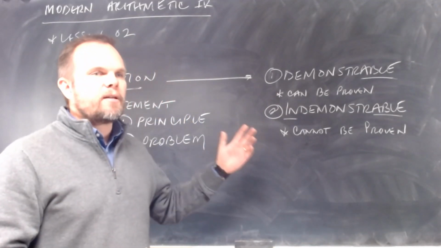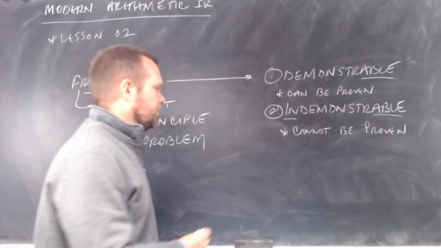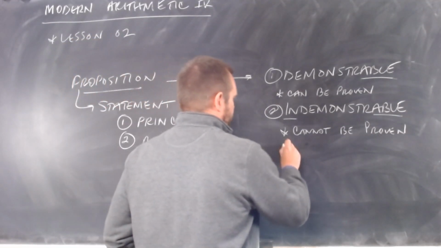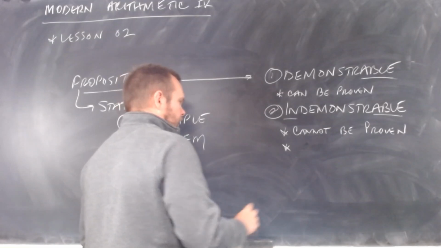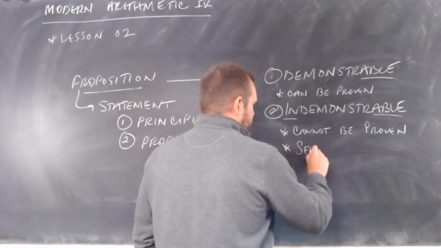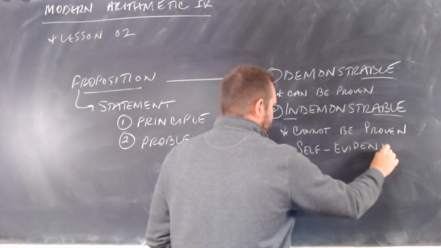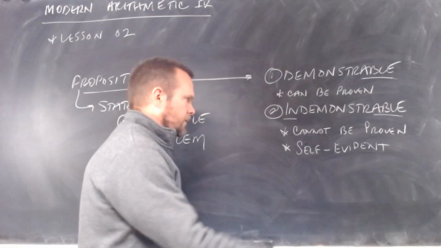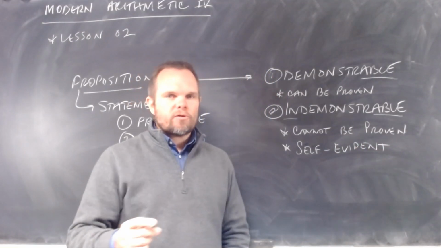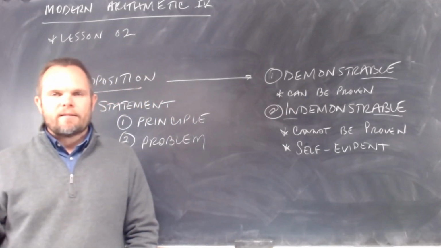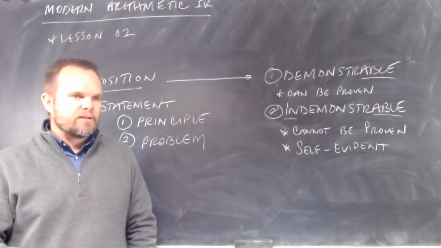But there's another kind of thing that can't be proven. Some things can't be proven because they're self-evident. And self-evident truths are truths that don't need any proof because they're obvious.